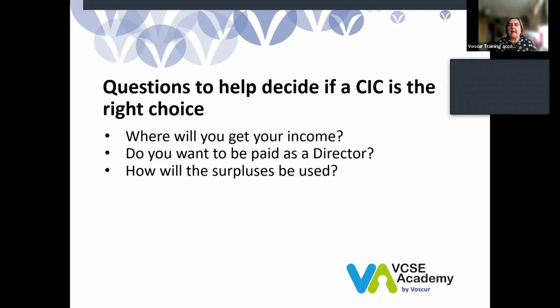Secondly, do you want to be paid as a director? You have far more flexibility with a CIC as to how you're paid and when you're paid. And how will the surpluses be used? Setting up a CIC will limit what you can and can't do with the surpluses that you generate by your activities.